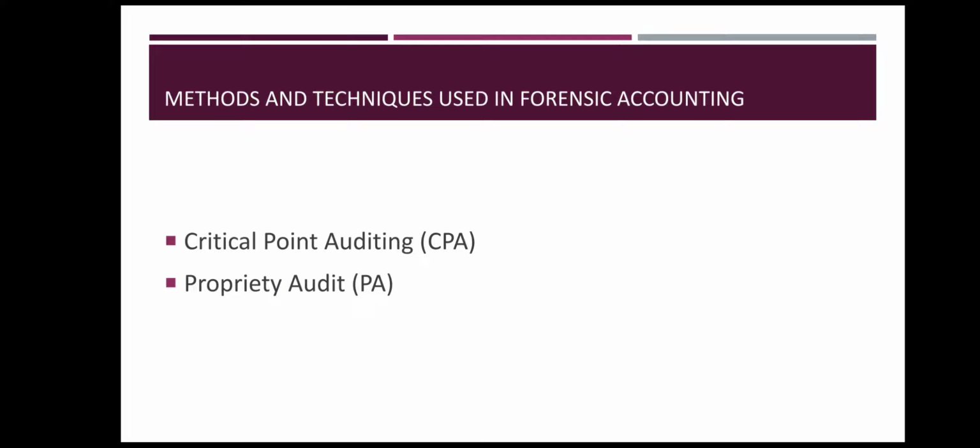Under this method, the auditor or forensic accountant tries to verify all the regular transactions of the organization to see where actual fraud has happened. This can be done by checking the trend analysis of the company. What is the trend of the company in terms of sales, in terms of profit?